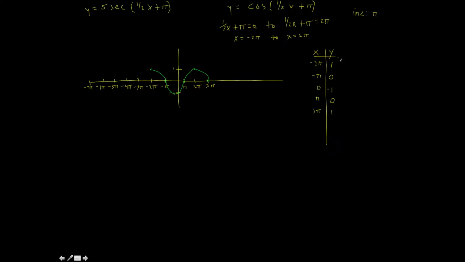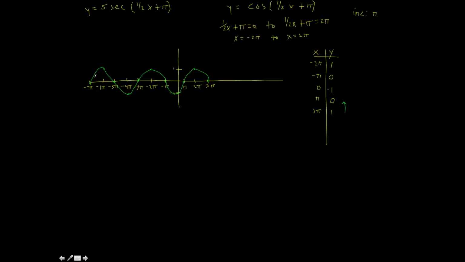If we follow our pattern, 1 goes to 0. Now we're going in reverse order, so we're at 1 here, and we've got to go back down to 0, down to -1, back up to 0, up to +1, back down to 0. So that's just following our pattern. And there's our graph of our equation.